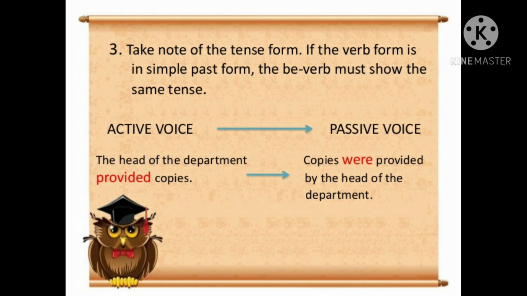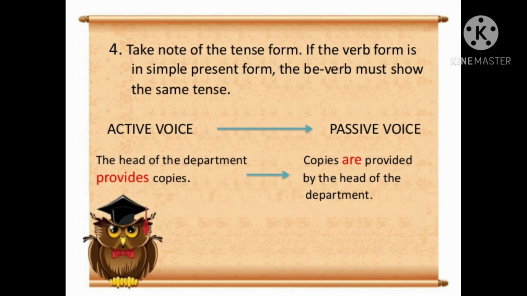Now children, we will see the next step, the fourth step. Take note of the tense form. If the verb form is in simple present form, the be verb must be shown in the same tense. So the head of the department provides copies. It is written in active voice. So children, tell me, where is the verb here? Yes, provides is the verb here. In which tense is it written?